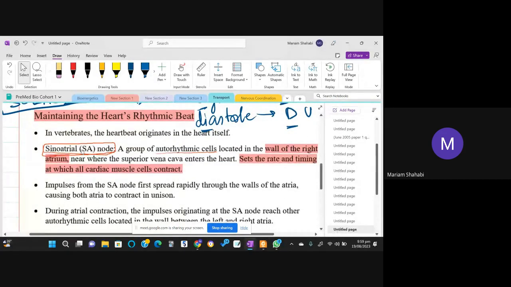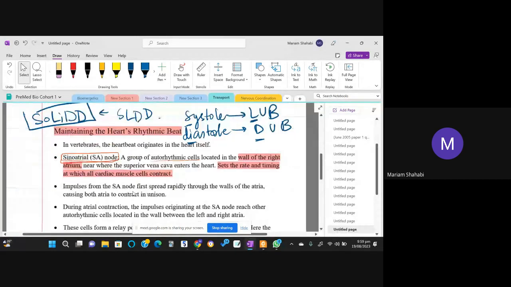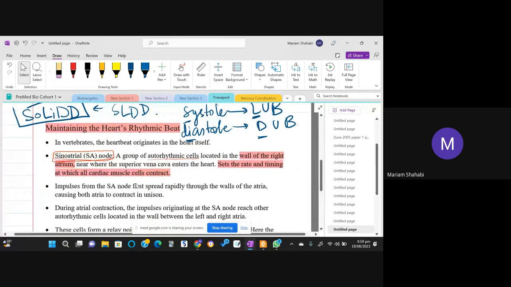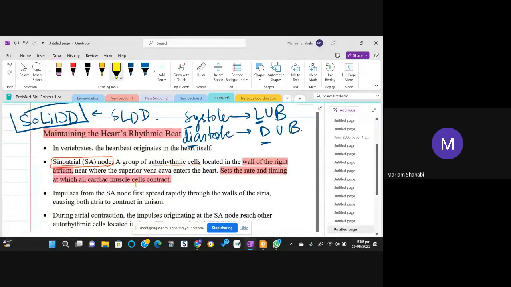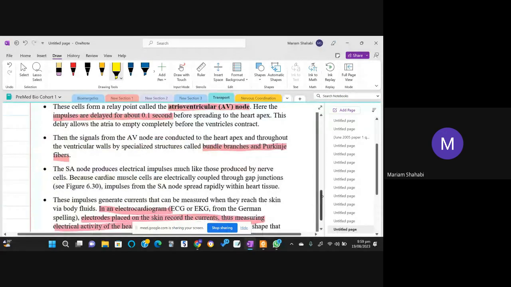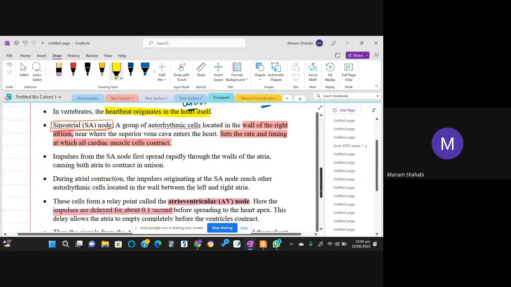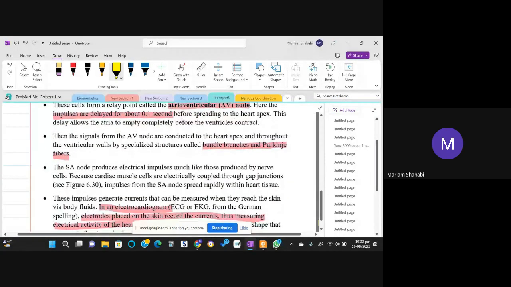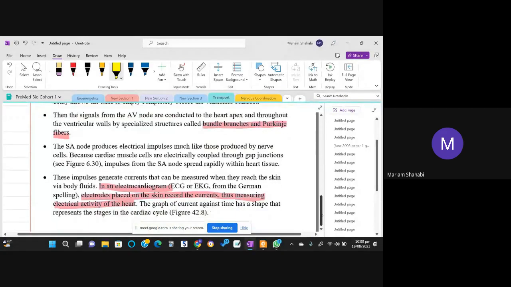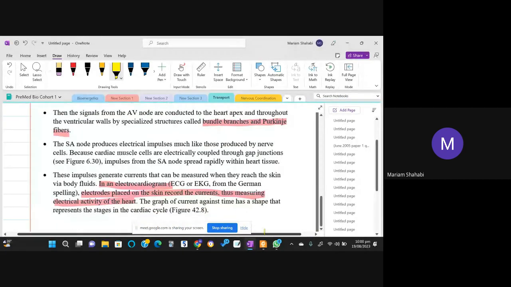So in vertebrates, अब हमने cardiac muscle पढ़ा था, and cardiac muscle is supposed to be self-stimulated. In vertebrates, the heartbeat originates in the heart itself. ठीक है. स्केलेटल मसल के पास जब तक नर्व इम्पल्स नहीं आएगी from the spinal cord, तो जब तक वो contract नहीं करेगा. But the heart is contracting on its own, and there are actually experiments done in labs where they take cardiac tissue, give it electrolytes and the right environment, and then they see that the heart beats.